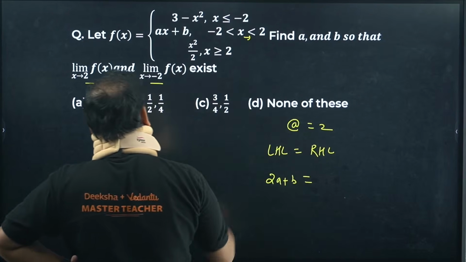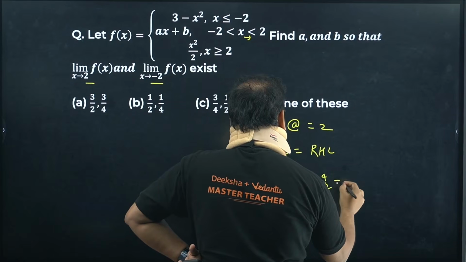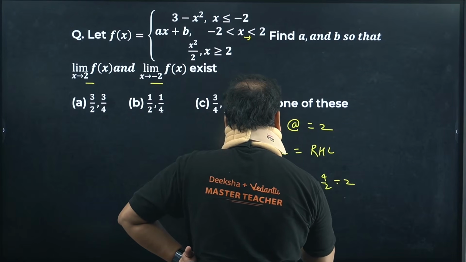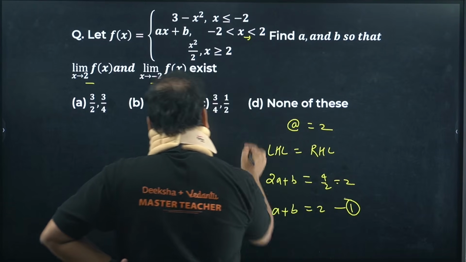For RHL, we put it here, 2 square by 2, so 4 by 2, that's 2. So my first equation has formed: 2a plus b equal to 2 is equation number 1.